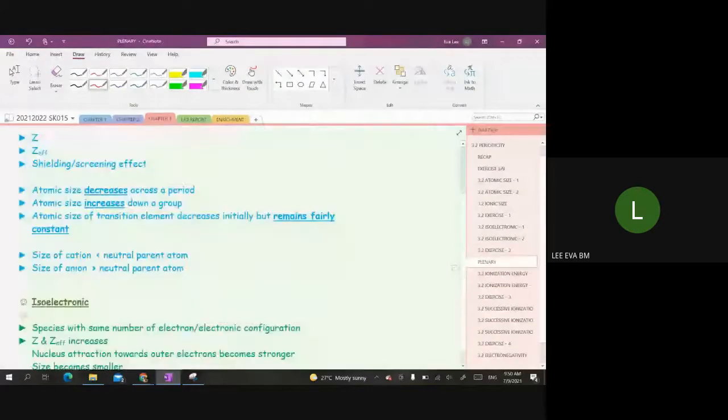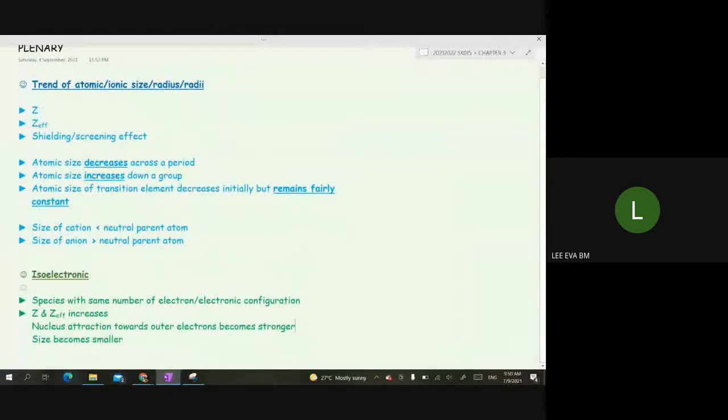Right, so let's look at what we have covered today. In the first part just now, we talked about the atomic size and also comparing the ionic size between the ion and its parent. I hope everyone has already understood all these terms and how to explain the trend. I think most of you are quite familiar.